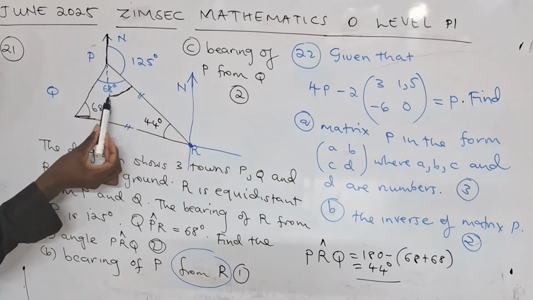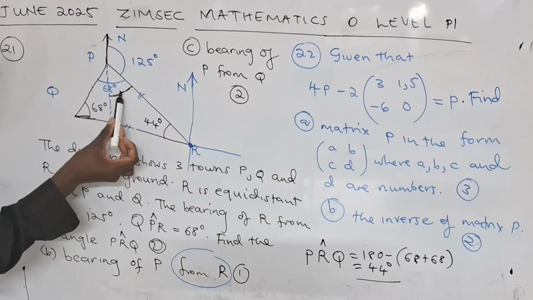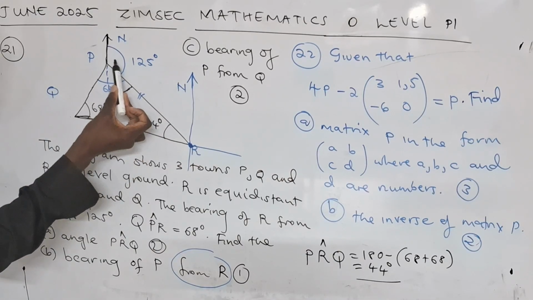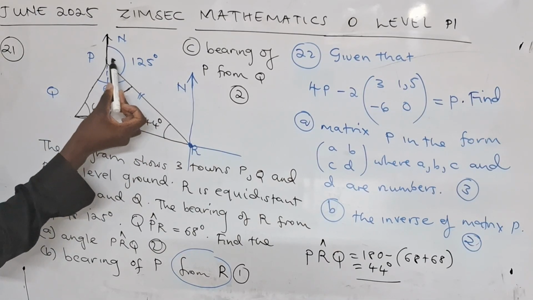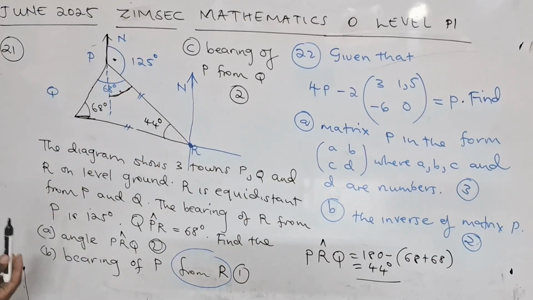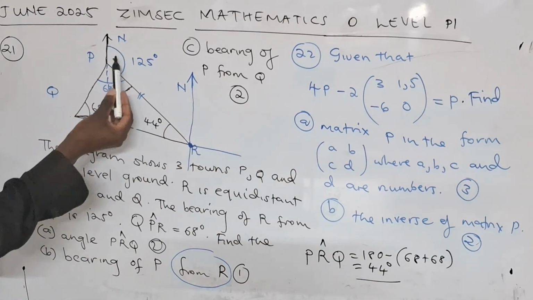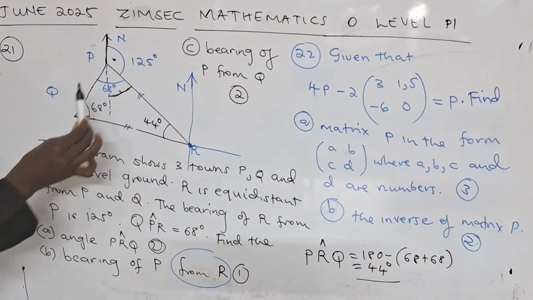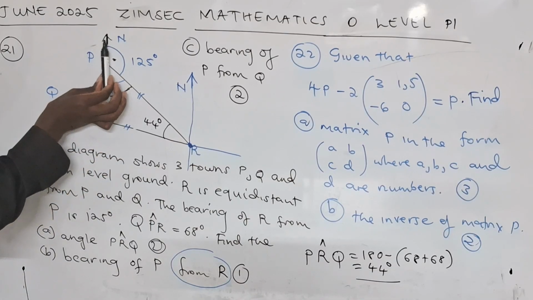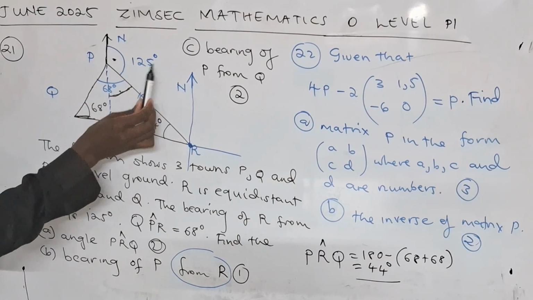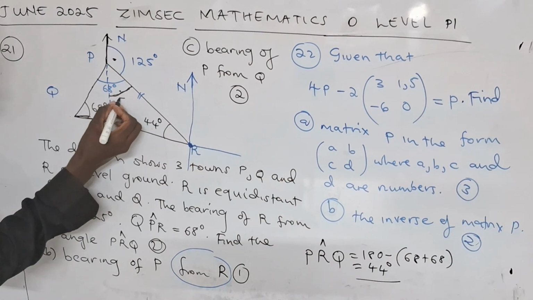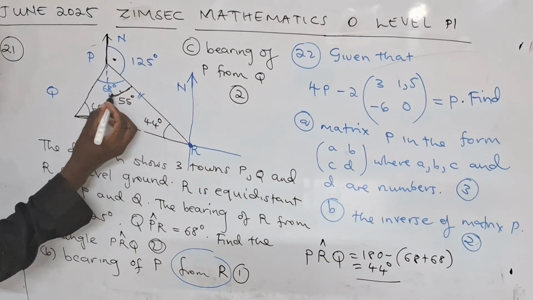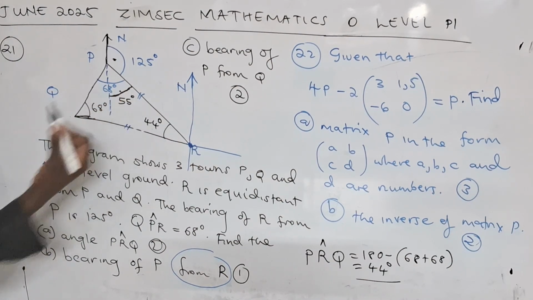If you say this angle plus this angle, you are supposed to get 180, because these two angles are on a straight line. So you say 180 subtract 125, you are going to get 55 degrees, which is this angle.